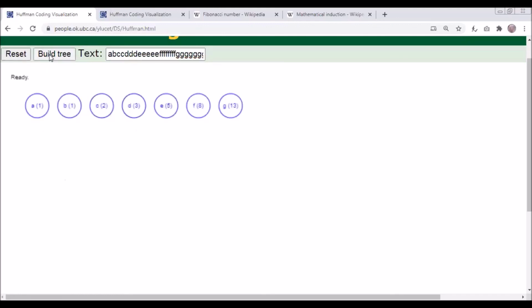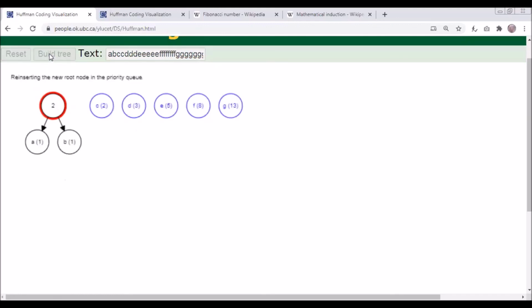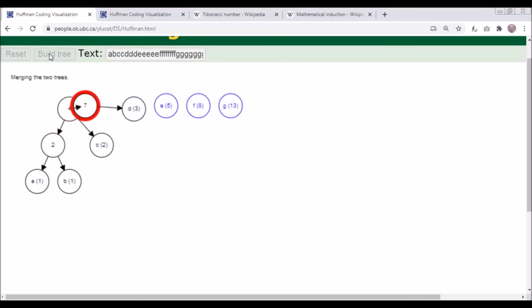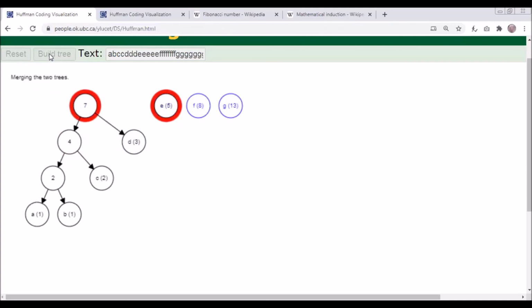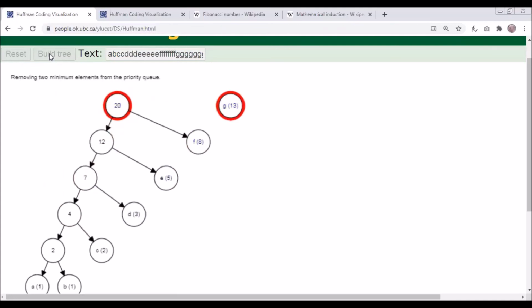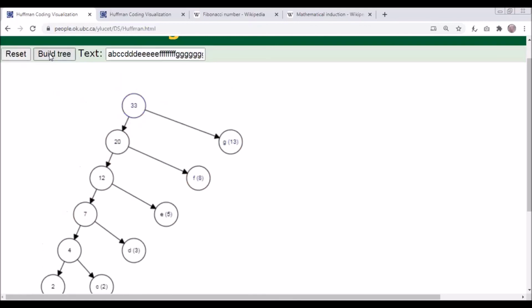If we build this tree, then you will see that exactly what we have predicted by that formula is happening.